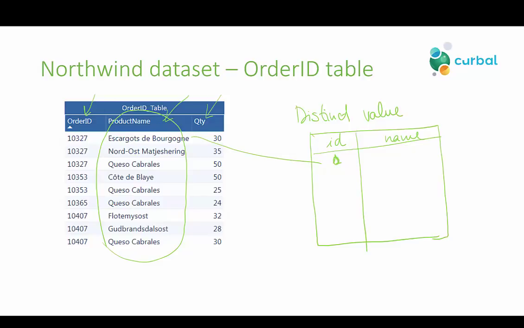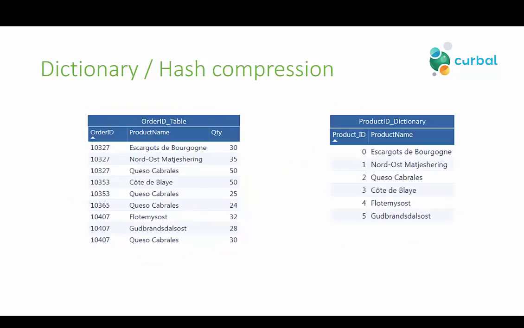For example, let's say this gets a 0, this gets a 1, this gets 2, this will be 3, this is again 2, 4, 5, and 2. So what it's basically going to do is a table like this.